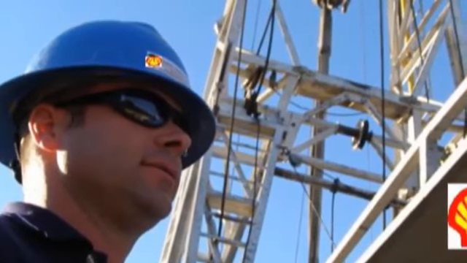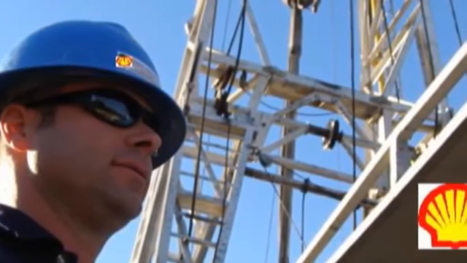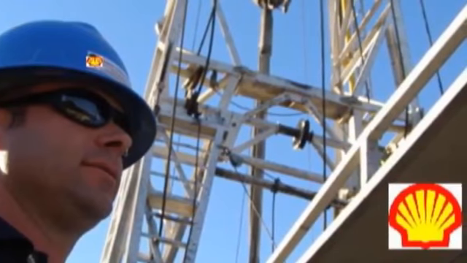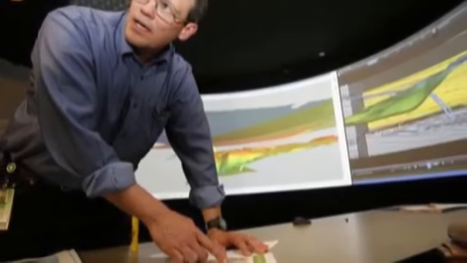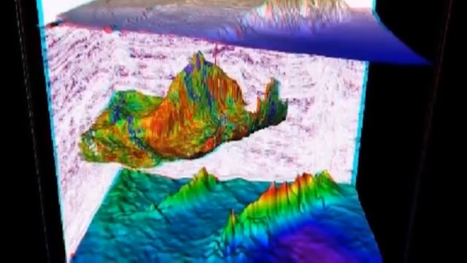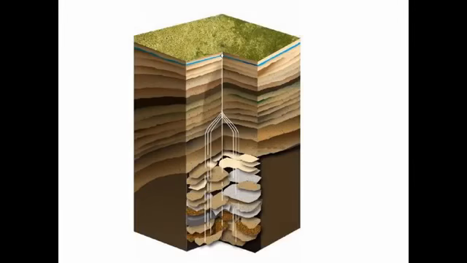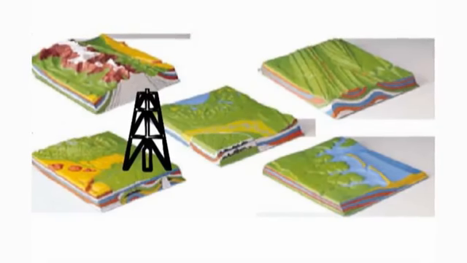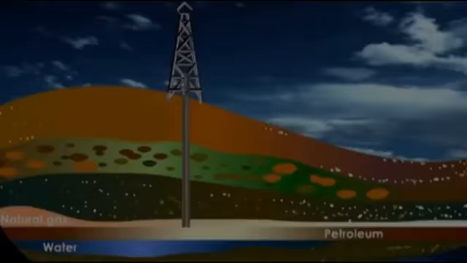It is the task of the geoscientists and the petroleum engineers to find that 1% of 1% as efficiently and as cheaply as possible. To do that, they must have a thorough understanding of the Earth's formation, its structures, and the history of its geological features and how they changed over time.